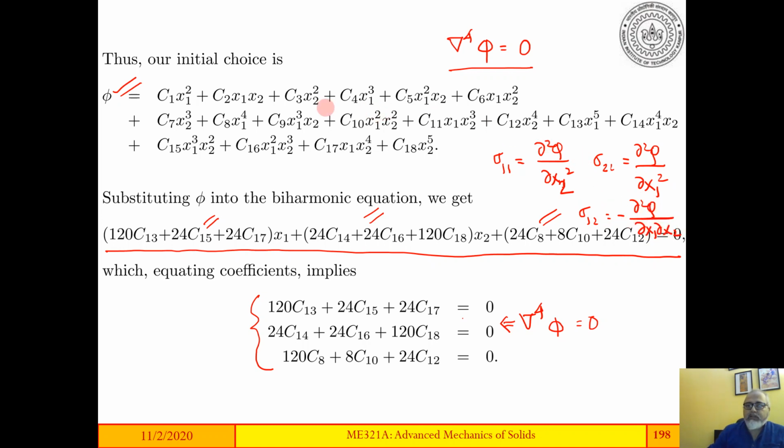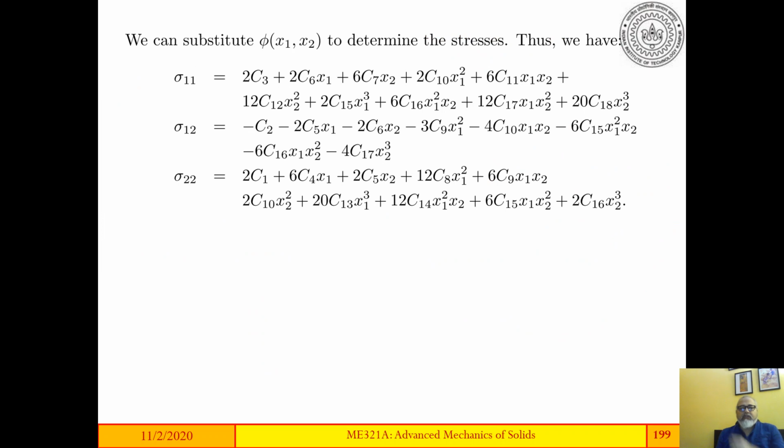I will substitute this phi into these equations and determine sigma 1, sigma 2, and sigma 12. Again, I have done this myself, and please let me know if there are errors in these coefficients.